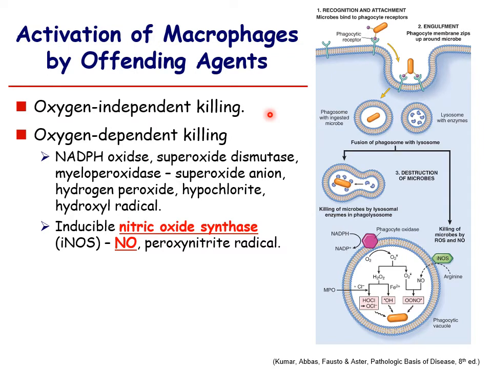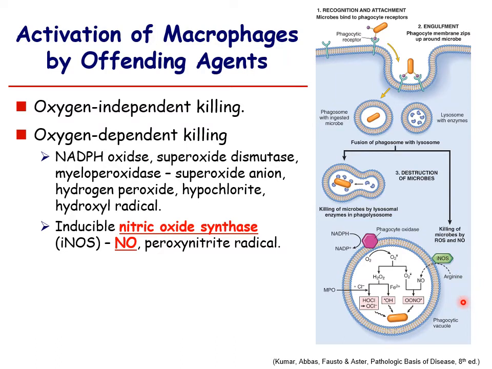At the same time, there is activation of oxygen-dependent killing mediated by the enzymes present in the phagolysosome membrane. That is, NADPH oxidase converts oxygen to reactive oxygen species, and nitric oxide synthase converts nitrogen to reactive nitrogen species.